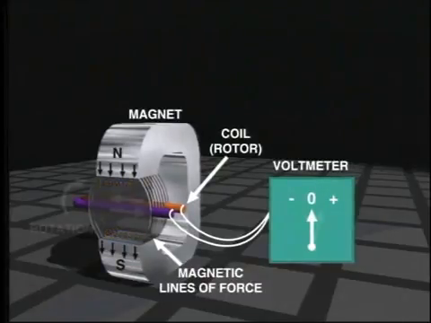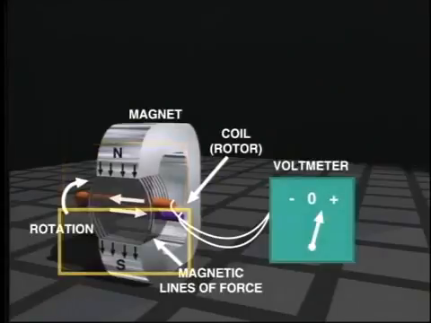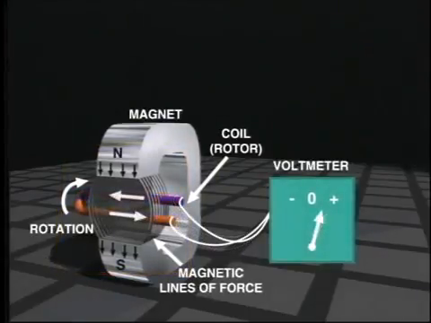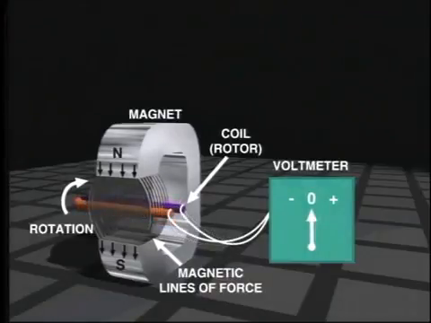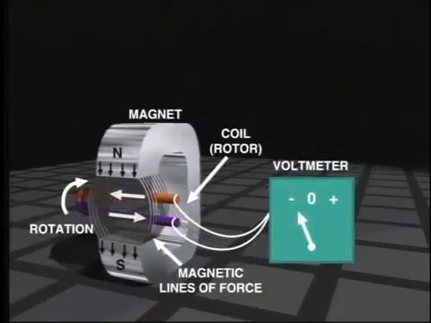In this diagram, as we start rotation of the coil, one side passes close to the north pole and one side close to the south pole. The coil sides cut the magnetic lines of force and in doing so create a voltage in the coil. This is the well-known principle of electromagnetic induction.